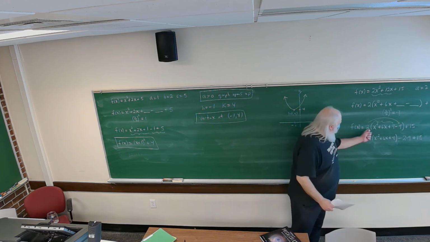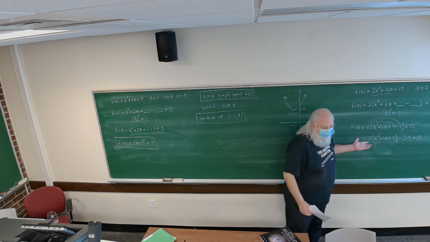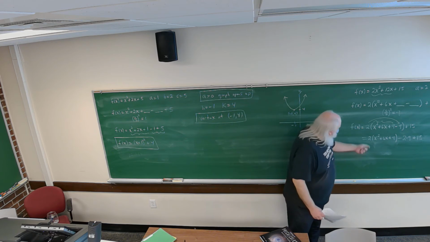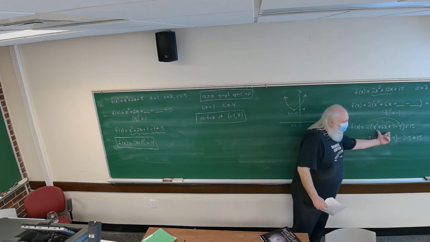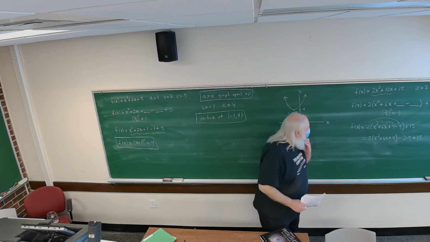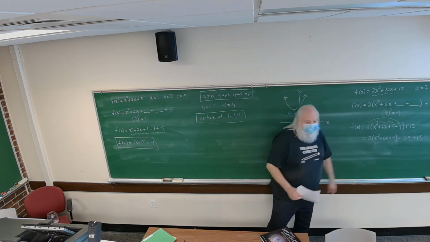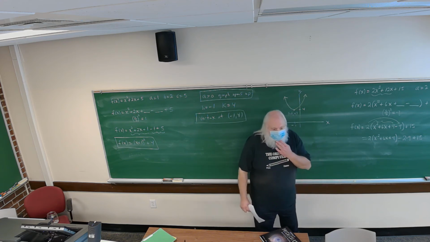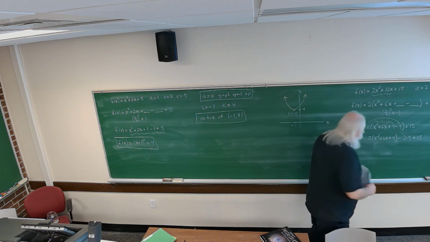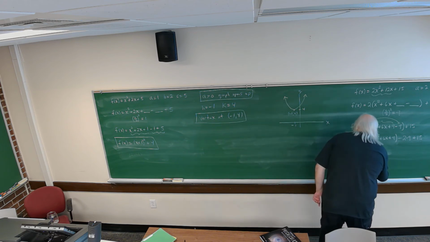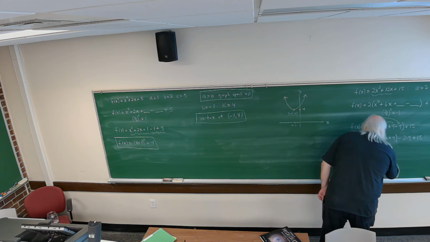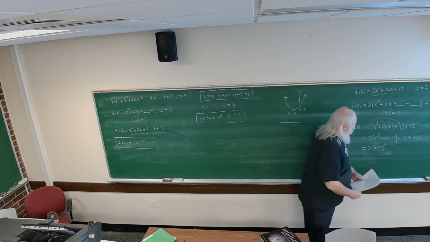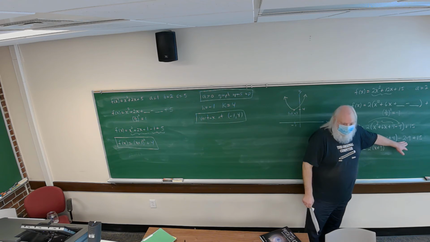So we're multiplying, right? We're doing a form of the distributive property. 2 times this perfect trinomial minus 2 times 9. This perfect trinomial factors. What does it factor to? Squared, right? So this is equal to 2 times x plus 3 squared. And now this last part is just arithmetic, right?